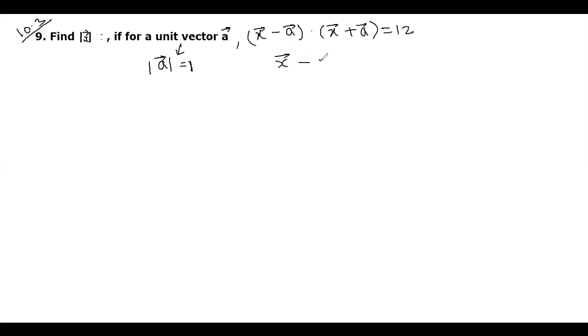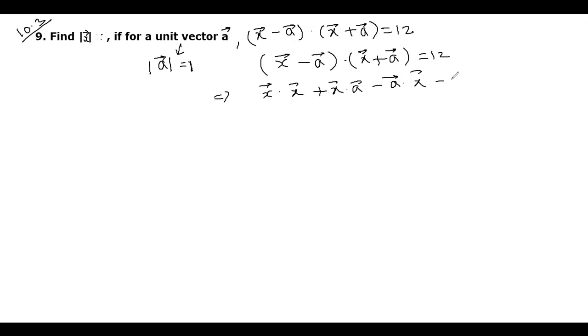Multiply (x minus vector A) dot (x plus vector A) is equal to 12. Multiplying inside, we get x dot x plus x dot A minus A dot x minus magnitude of A dot A is equal to 12, and these two will cancel.